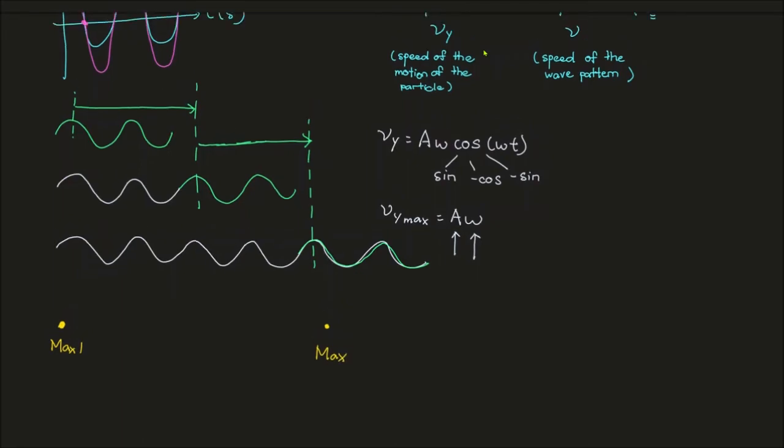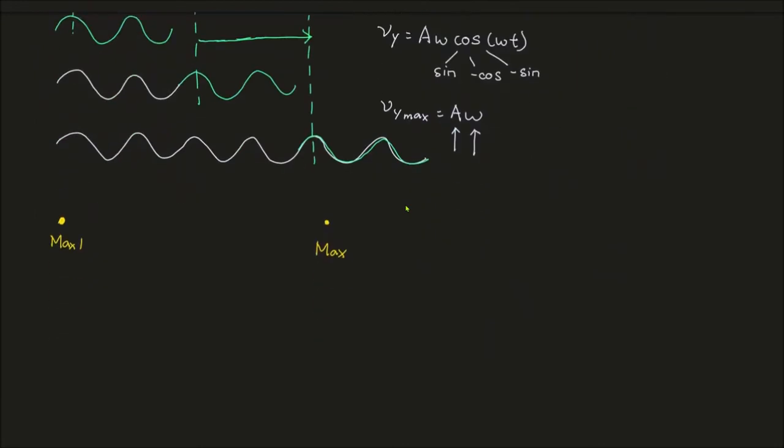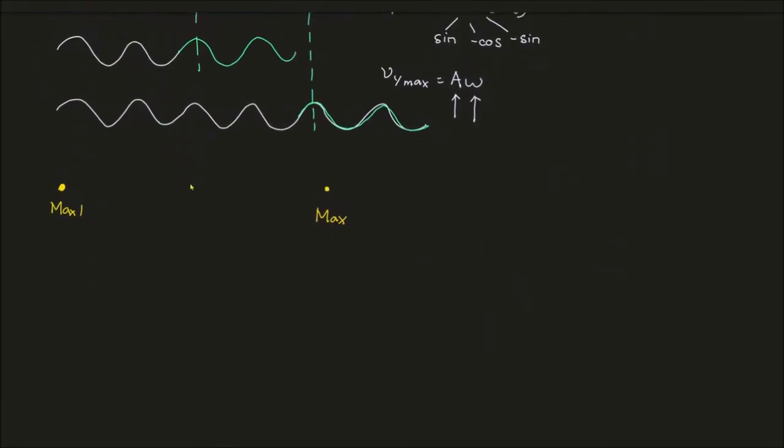So your particle will be traveling like this, then after that you travel back, something like this. Okay, so if I say you increase the A, that means you are bringing your max 1 and max 2 further away.